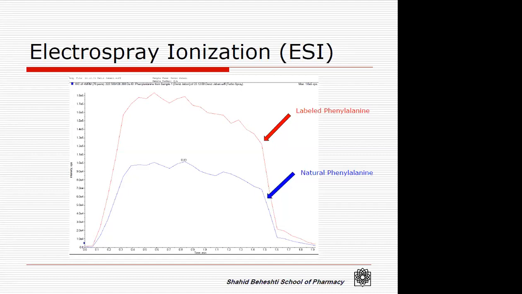But if you have a disorder, a PKU case, you will have the graph the other way around. Just remember, labeled phenylalanine is higher than natural phenylalanine in this slide, which is a healthy baby. Next slide, please.